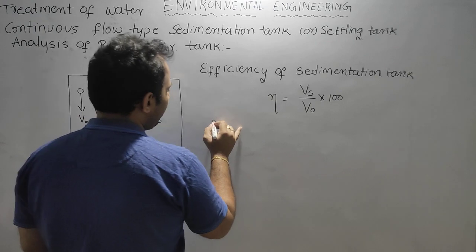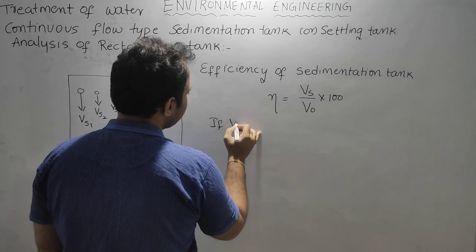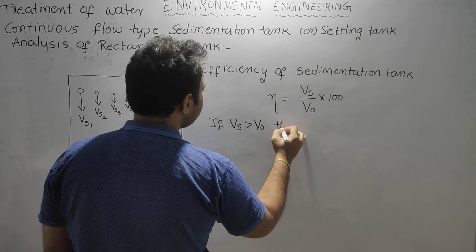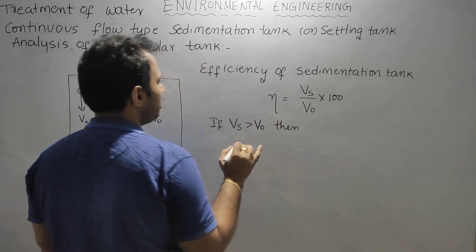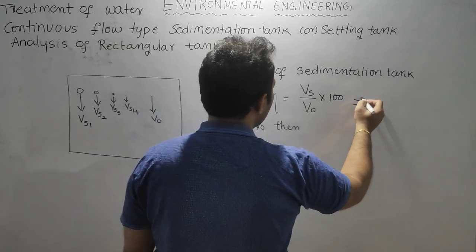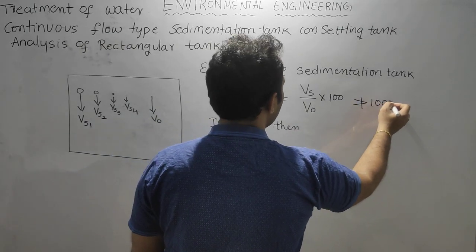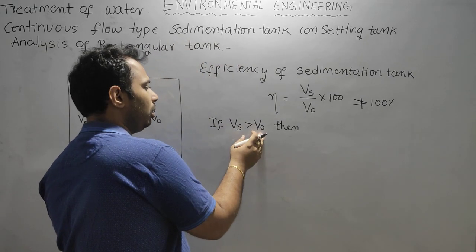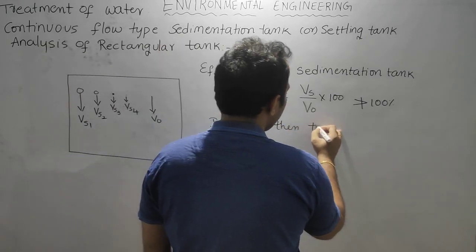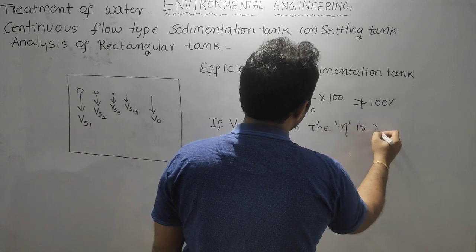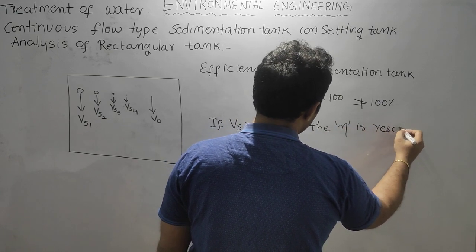If Vs is greater than V0, then efficiency is restricted to 100% only. That means it should not be more than 100%; the maximum value is 100%.